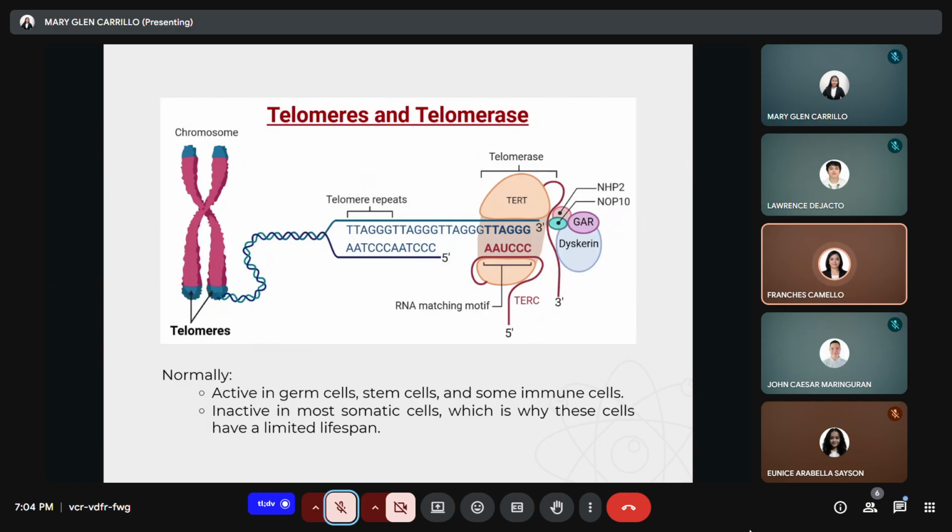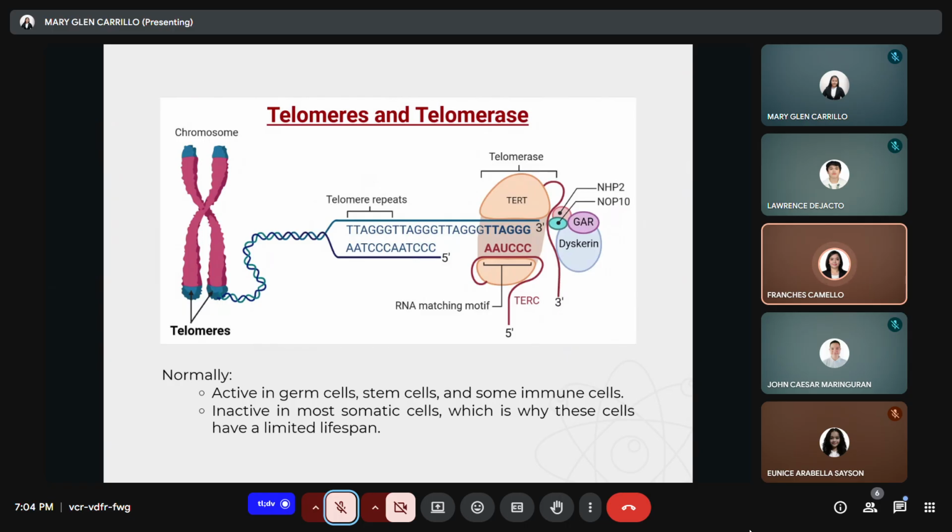So normally, telomerase is active in germ cells, stem cells, and some immune cells, but it is not active in most normal body cells. It's usually restricted to germ cells, which give rise to sperm and egg, stem cells, which need to divide many times to repair tissues, and some immune cells.